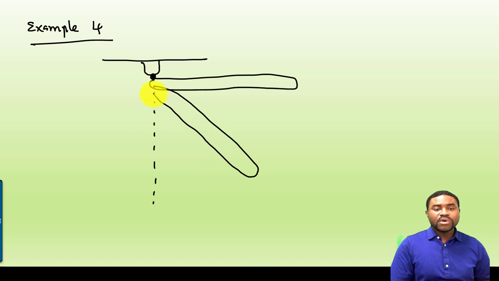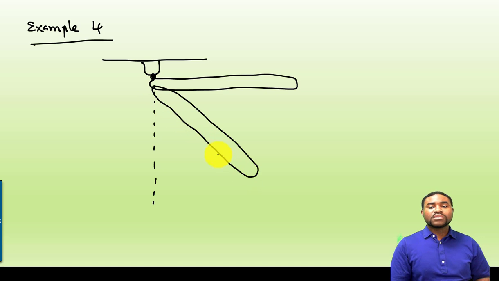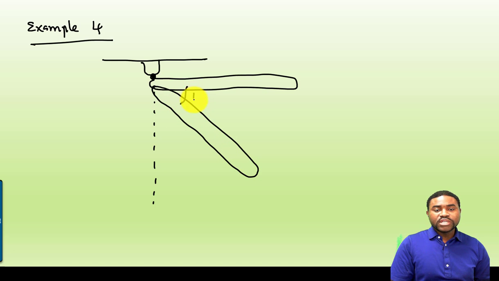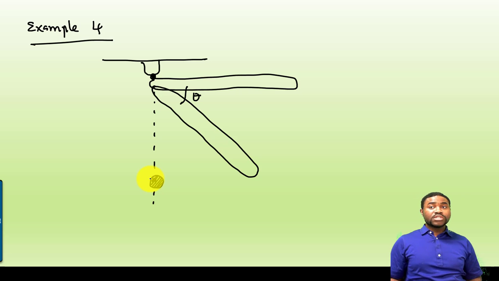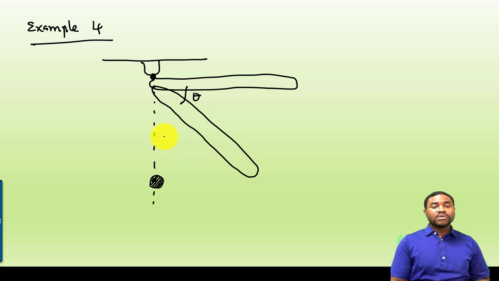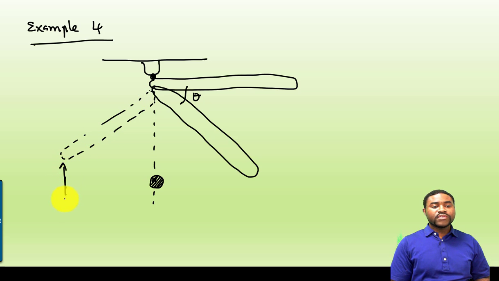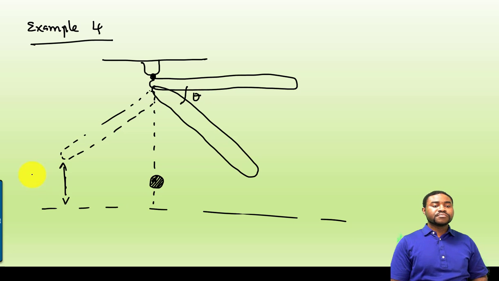I will deviate from how it works. This angle is theta. When the object reaches the minimum point, it collides with a putty and sticks to it, and both rise to a certain height. We need to calculate that height. This is an interesting problem.